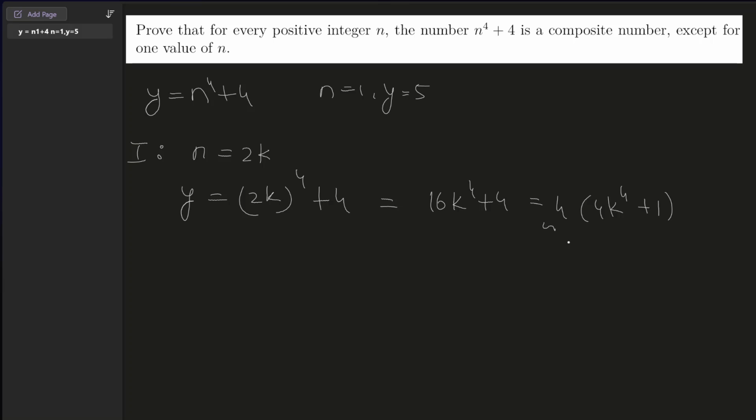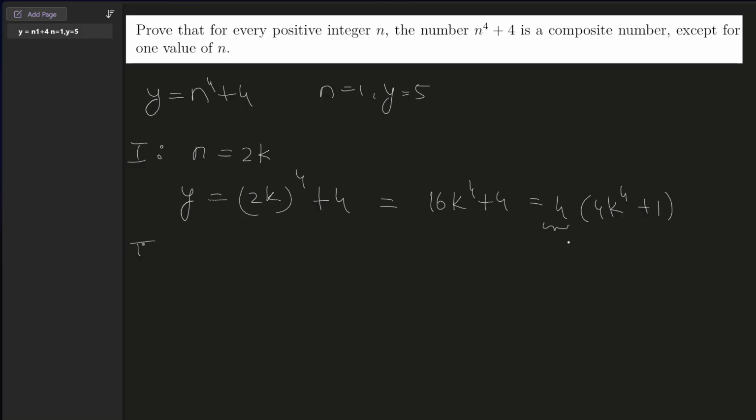Clearly, we have a factor of 4 here, which means this number will be divisible by 2 and 4 always. So that means for every even positive integer n, n to the power 4 plus 4 will be a composite number.